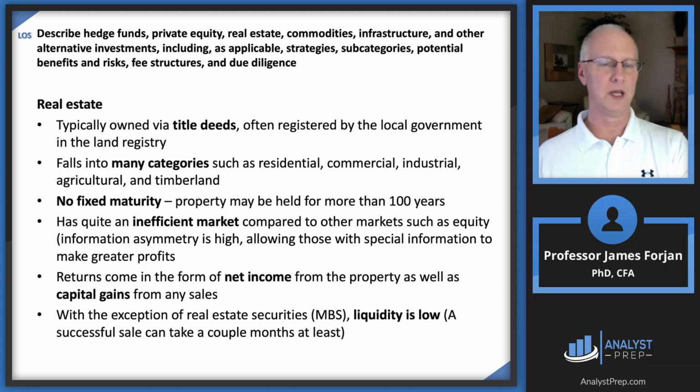Some people believe that the real estate market is not quite efficient. The reason this is probably true is that there tends to be a high degree of information asymmetry. So if you have some private information, then you have the ability to make high profits. There are great television shows about flipping a house or buying a structure and then stripping it of its lumber and selling the lumber for way more than you paid for the house.